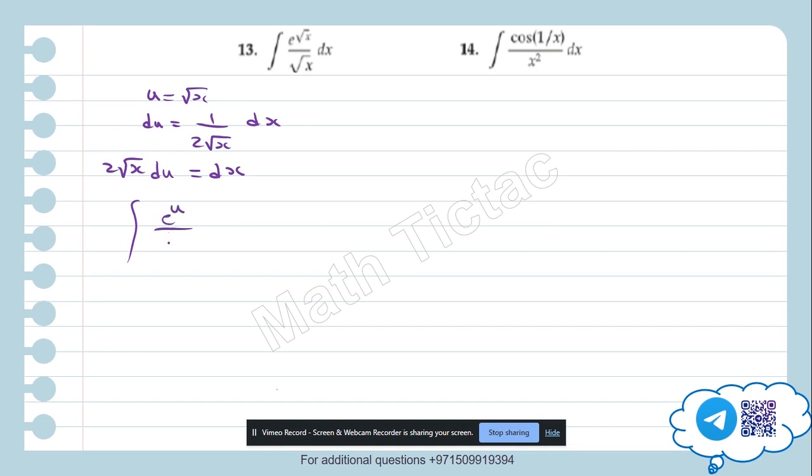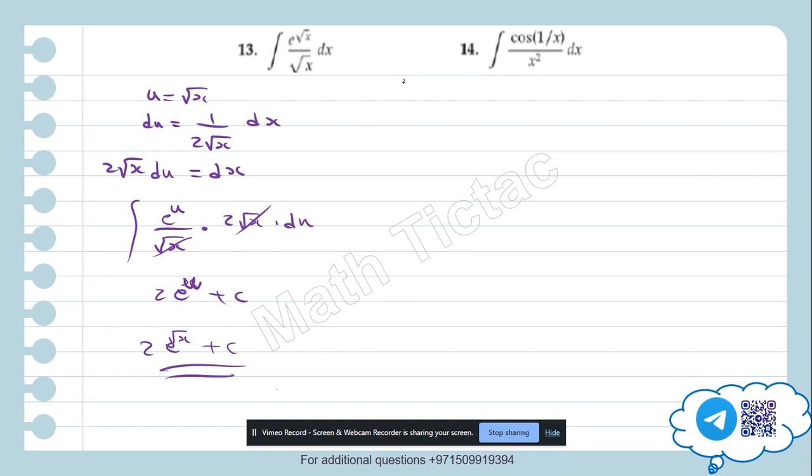So e to the power u over square root of x dot 2 square root of x du. So now this with this eliminated. So the integration of 2 e to the power u, which is 2 e to the power u, sorry, divided by 1. No need for writing the 1. So in here, let's write the assumption back to e to the power square root of x plus c. That's it. This is my answer.